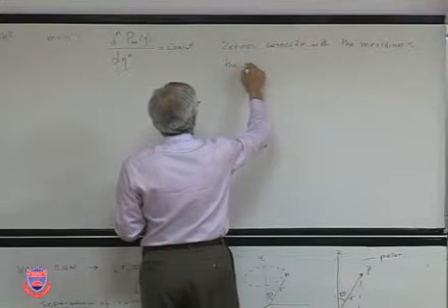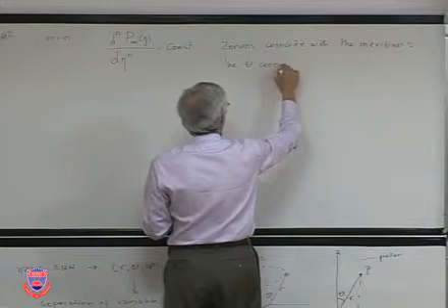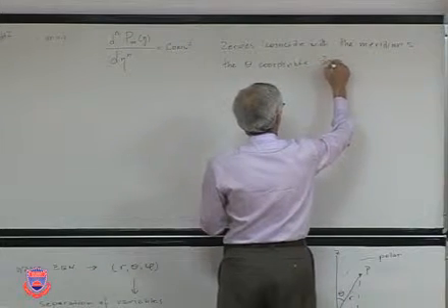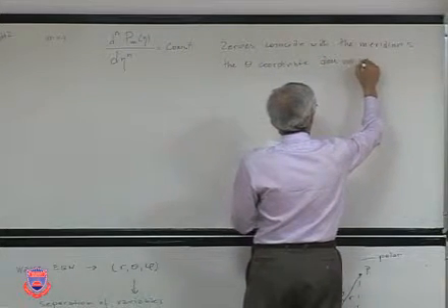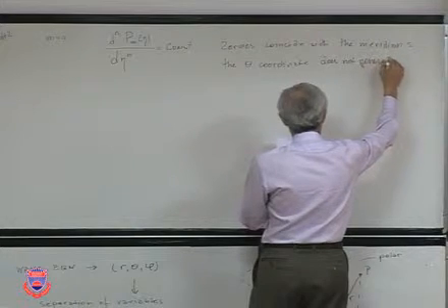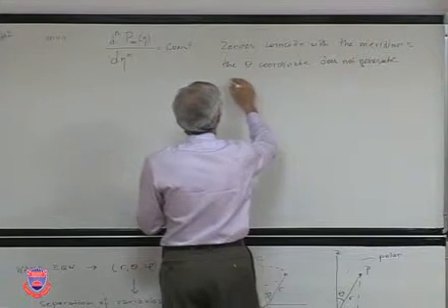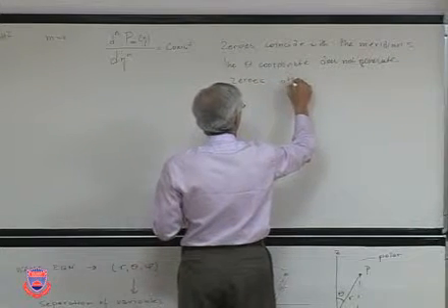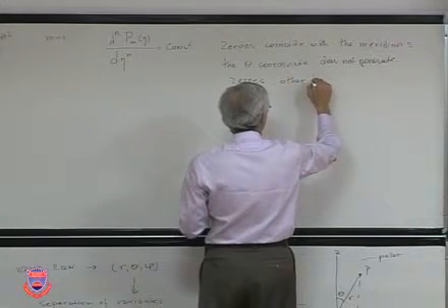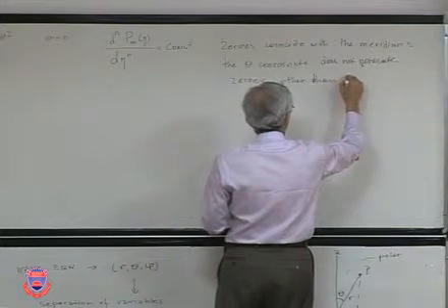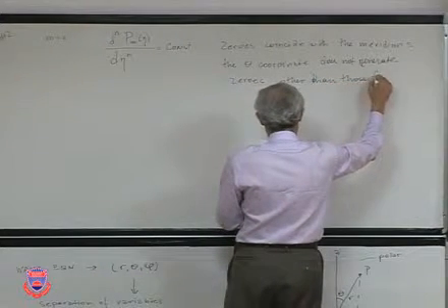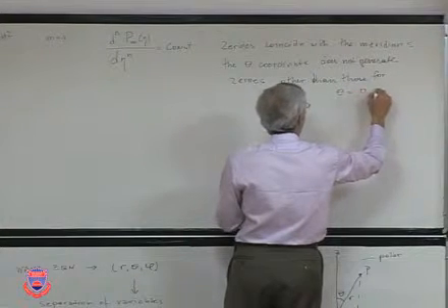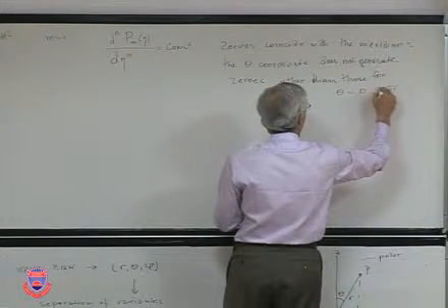The theta coordinate does not generate zeros other than those at theta equal to 0 and pi.